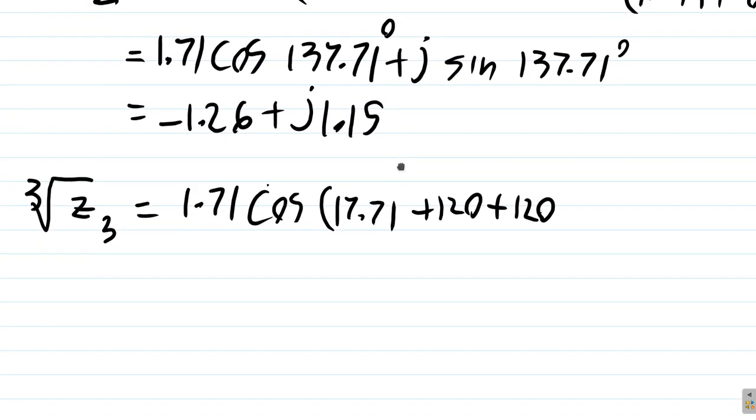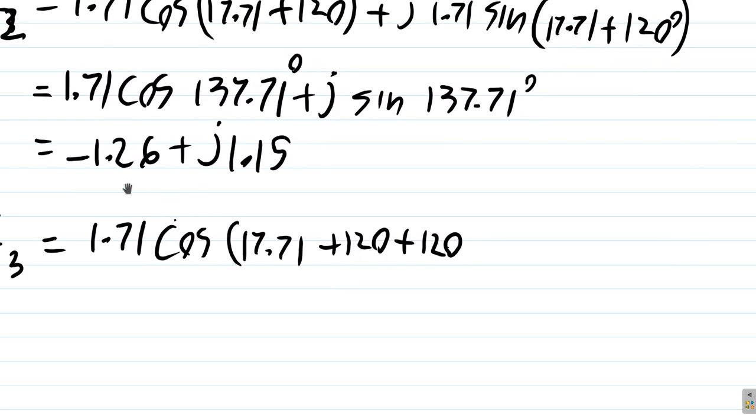So I have to rotate twice, but this would be the same as 2 times 120. So for the third cube root, it's 2 times this. So for the first cube root, there is 0 rotation. For the second cube root, there is 1 rotation. For the third cube root, 2 rotations of the angle 120. Alright?